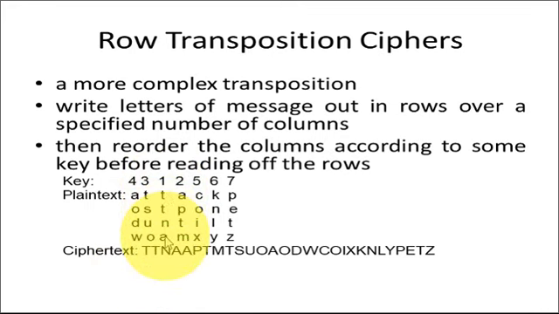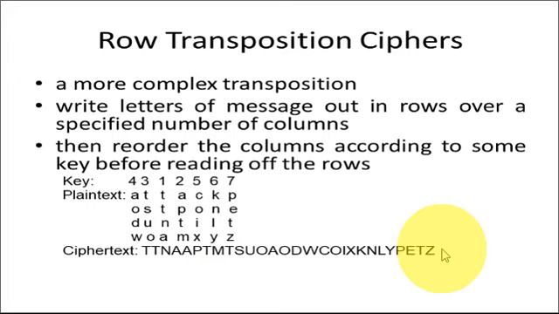The first column is TTNA, then the second is APTM, then the third is TSUO, then the fourth is AODW, likewise then 5, 6, 7. This is the ciphertext we are going to transmit.